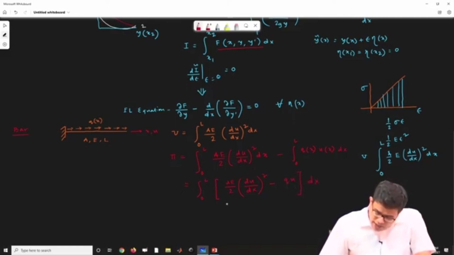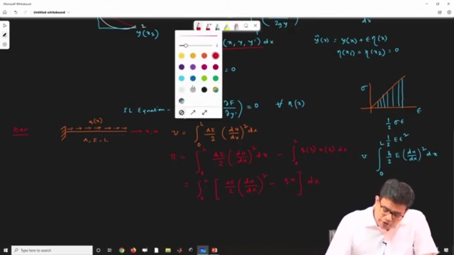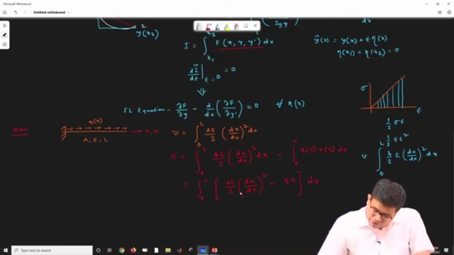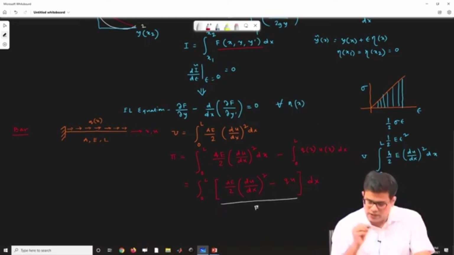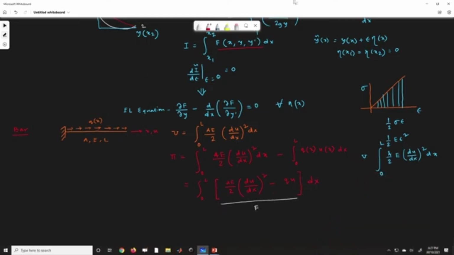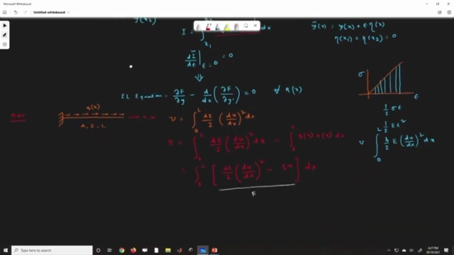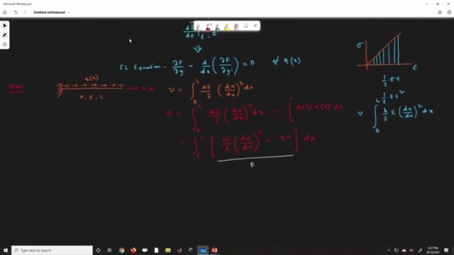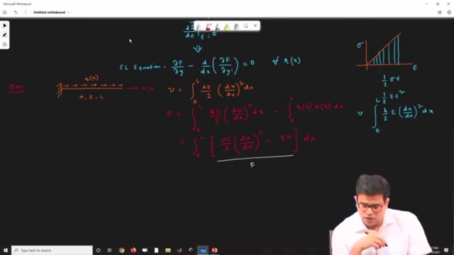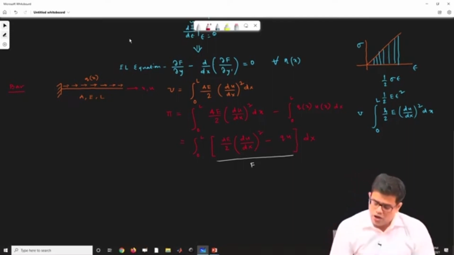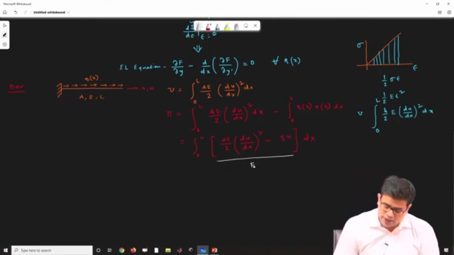Now this is my f. So if I look carefully, this is my f compared to this, right? Now for this f, the integral expression of the functional, I want to find out its Euler-Lagrange equation.